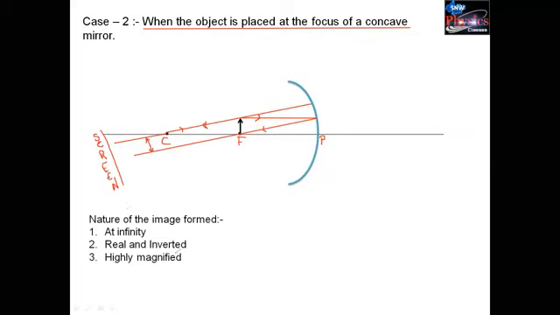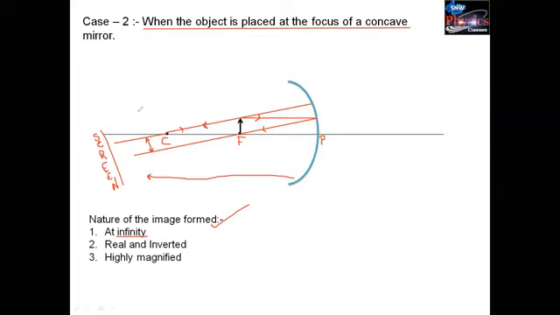Now we will see what is the nature of the image formed in this case. In this case, the image will form at infinity. ठीक है, infinite distance पे image होगी. As we know that जो images होते हैं मिरर के सामने फॉर्म करते हैं. पिछले केस में हम लोगों ने देखा था image was formed beyond the mirror, this side, ओके, इस साइड इमेज का फॉर्मेशन हुआ था. तो उस केस में क्या था, the image was virtual.